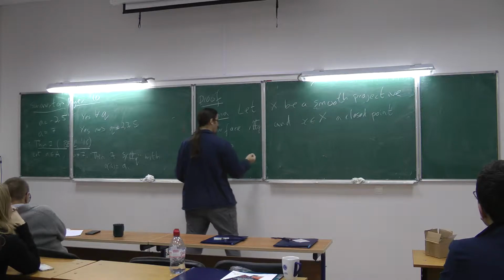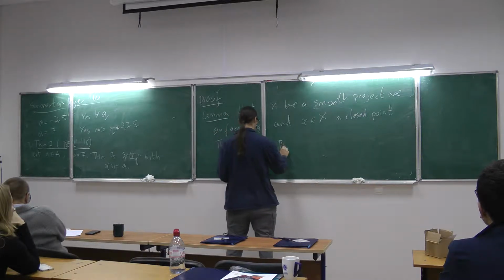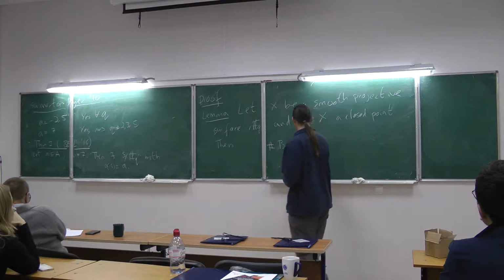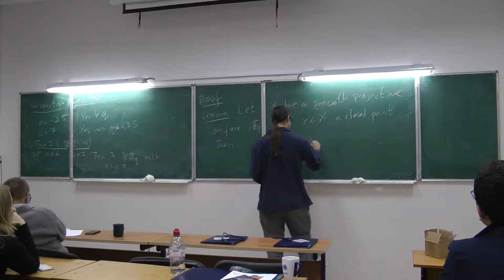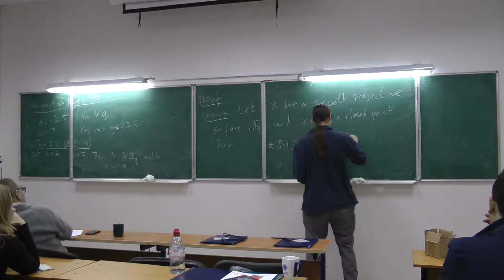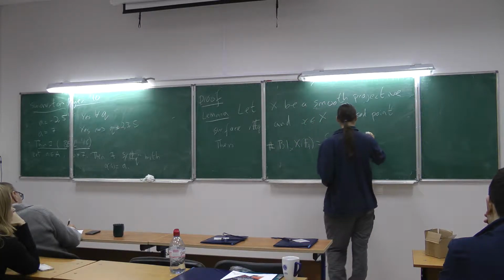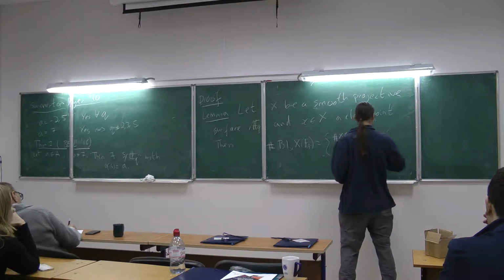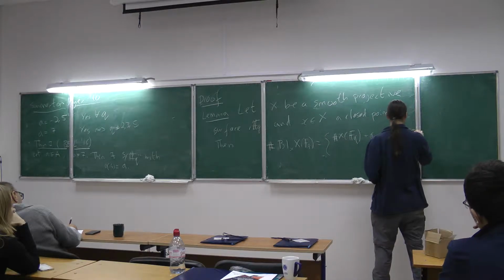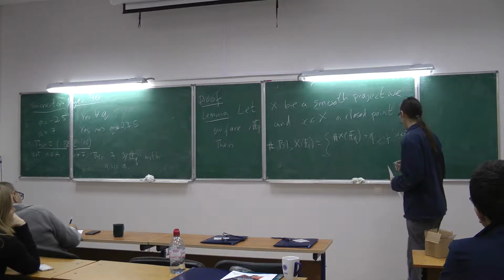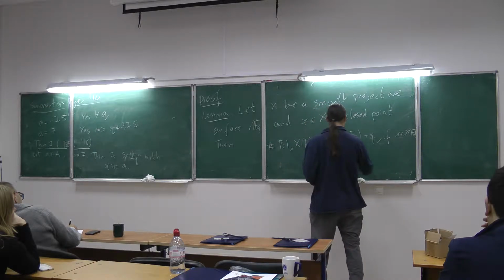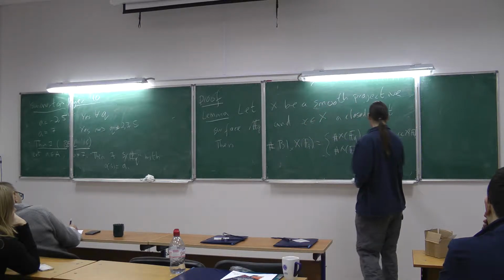Then, if you want to know how many points the blow-up has, if I blow up X at x and count the number of points, I get the number of points on X plus Q if the point I blew up happened to be a rational point, and otherwise you don't change the number of rational points.